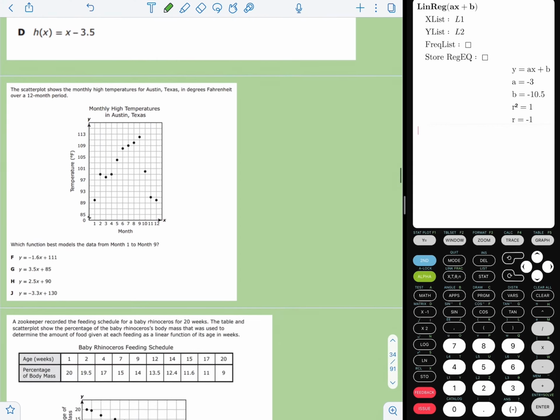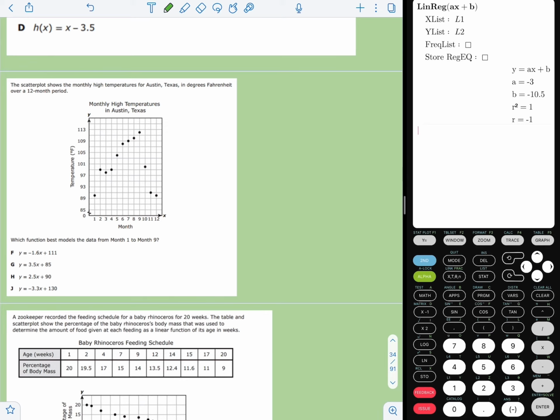All right. For the next one, the scatter plot shows the monthly high temperatures for Austin, Texas in degrees Fahrenheit over a 12-month period. Which function best models the data from month 1 to month 9? What we can do is draw a line that ends about at month 9. We're going to do the best we can. We're not trying to be perfect here, we're just trying to get the point.